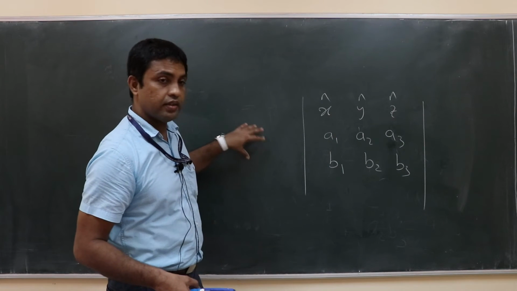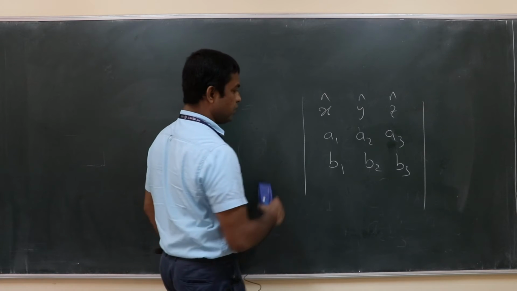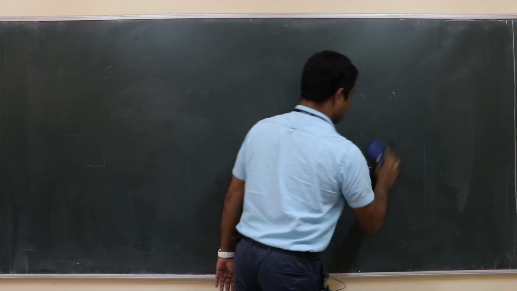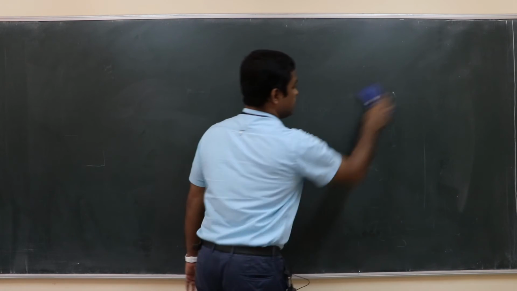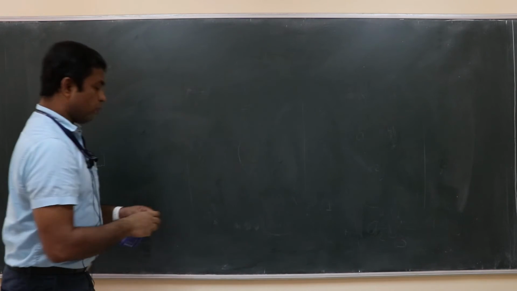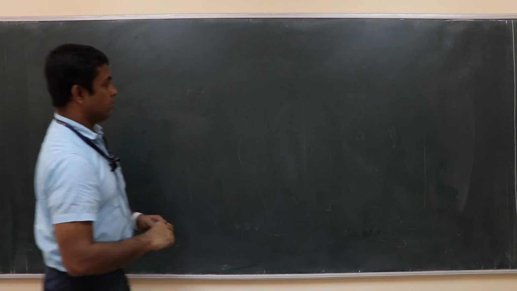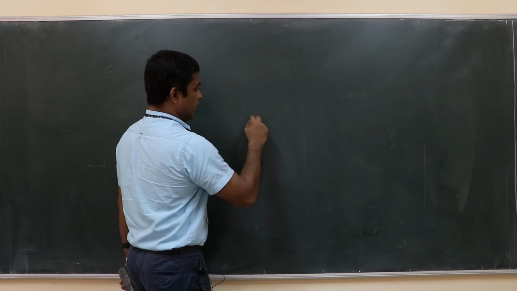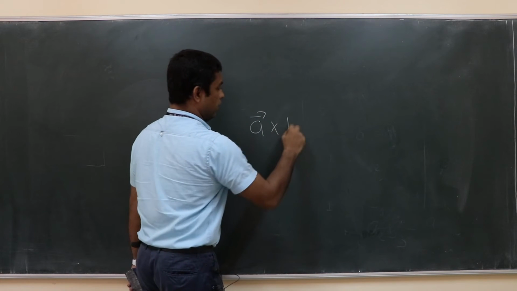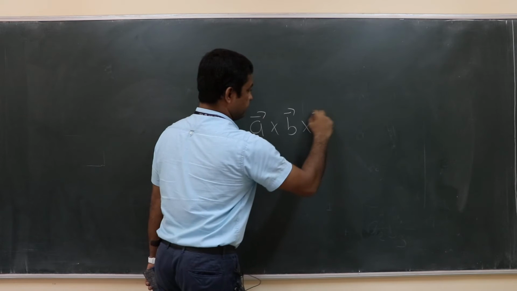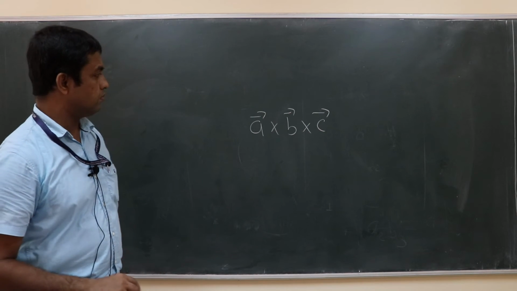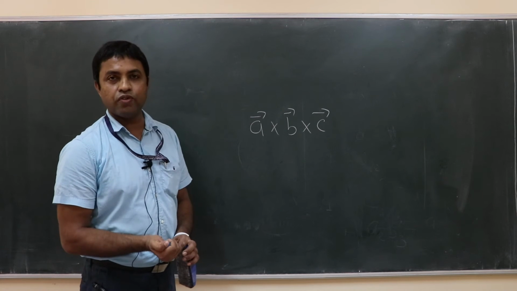Now using the index notation and the Levi-Civita symbol, you are able to write it in a similar manner, and you can immediately see the results. There were so many formulas you learned in your earlier classes. For example, what is A cross B cross C? You know the formula, right?